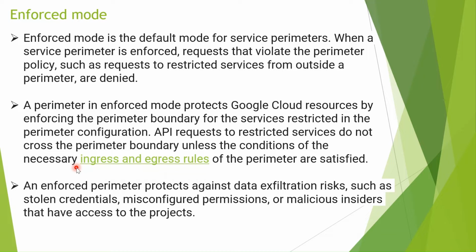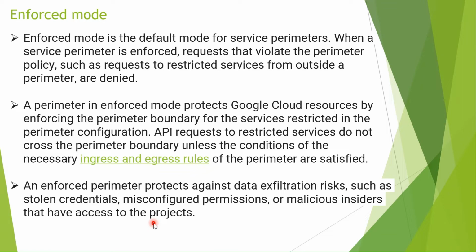Basically, if you want to allow some traffic from outside, we can create an ingress rule, and if you want to allow traffic to go outside, we can create an egress rule. An enforced perimeter protects us from data exfiltration, stolen credentials, misconfigured permissions, or malicious insiders that have access to our projects.